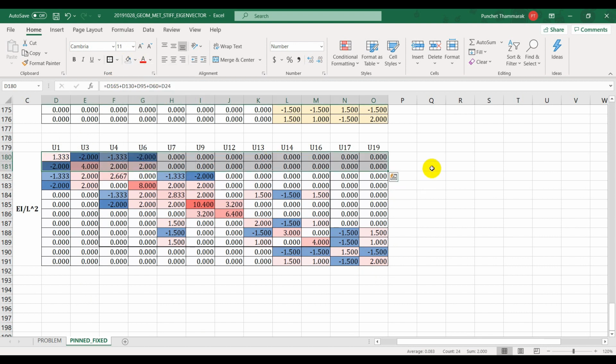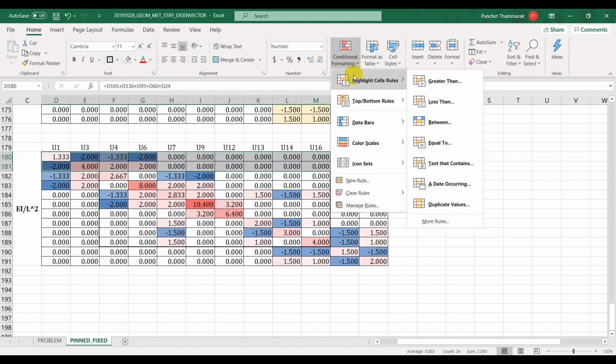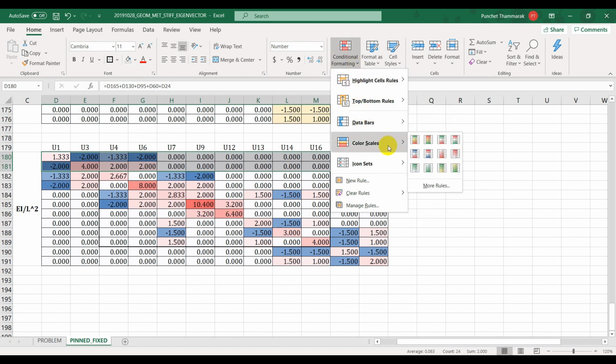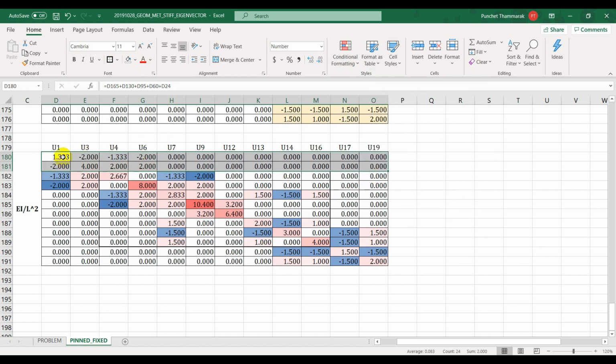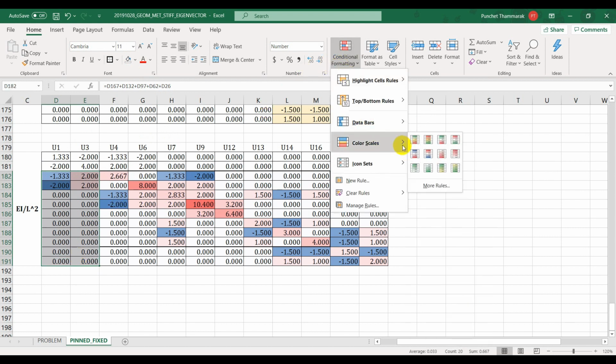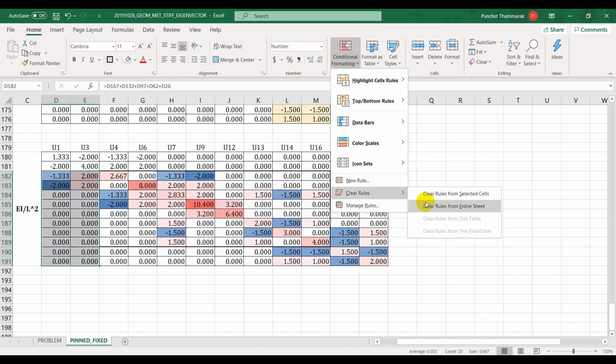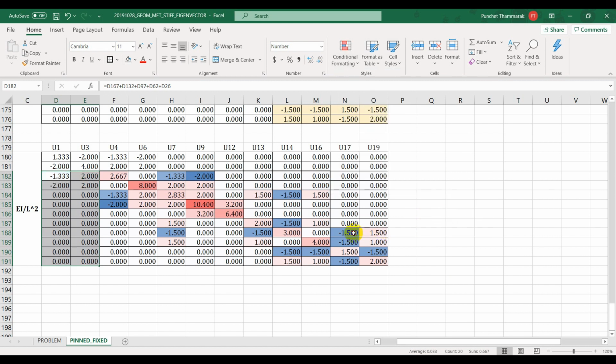Okay, conditional doesn't work. Can I clear it? Can I clear rules? Yeah, clear rules. Clear rules from selected cell.